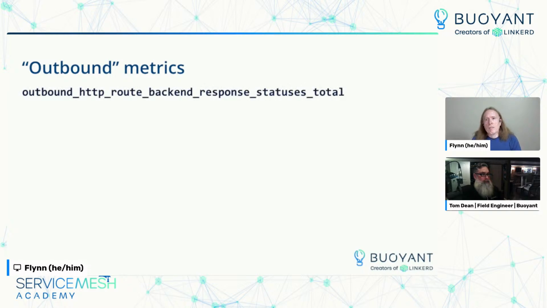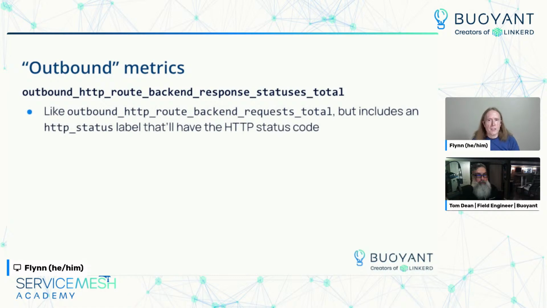We also have some backend response statuses metrics, which is basically the request ones that we were just talking about are talking about we're making requests going outward, and then the response statuses talk about what kind of response we got coming back.